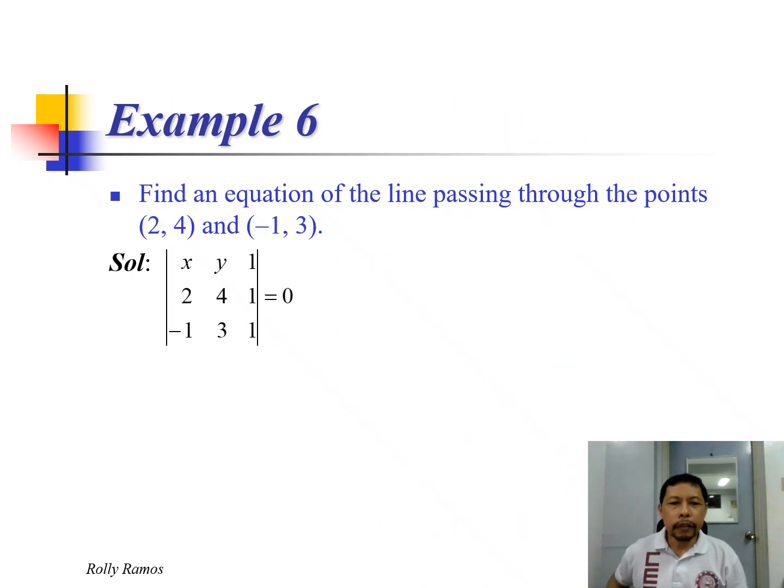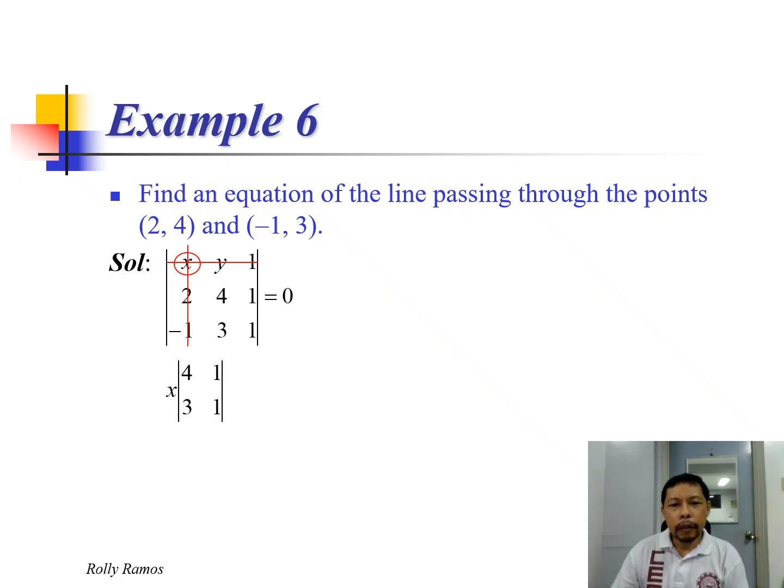Last example. Find the equation of the line passing through the points (2, 4) and (negative 1, 3). The third point would be the point x, y. We could find the equation of the line passing through the 2 points by equating this determinant to 0.